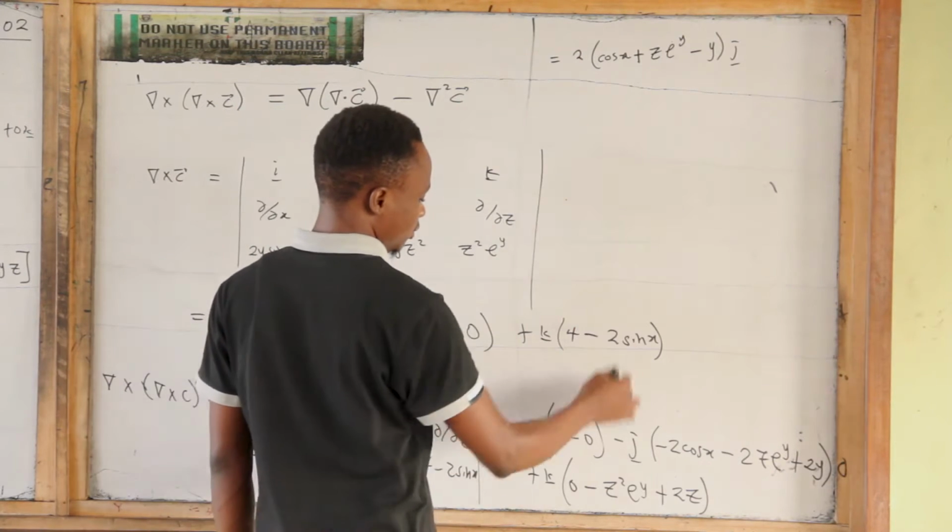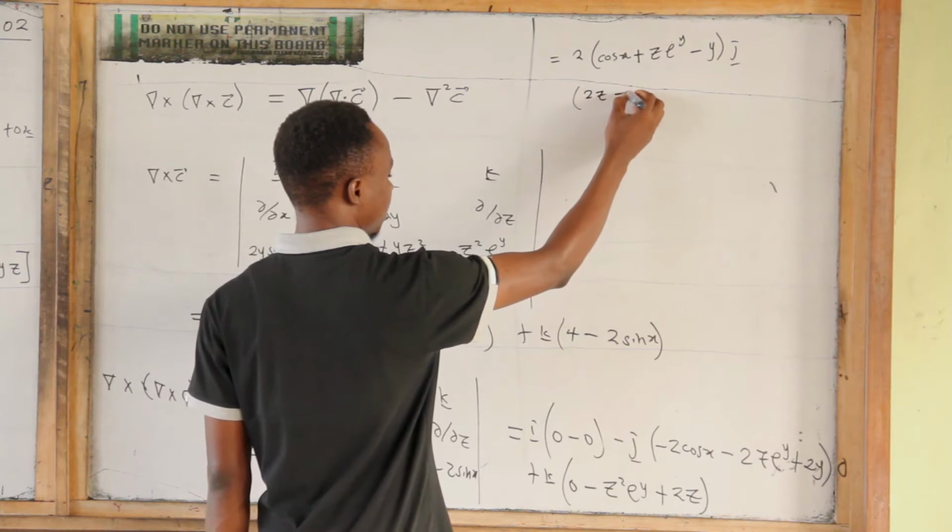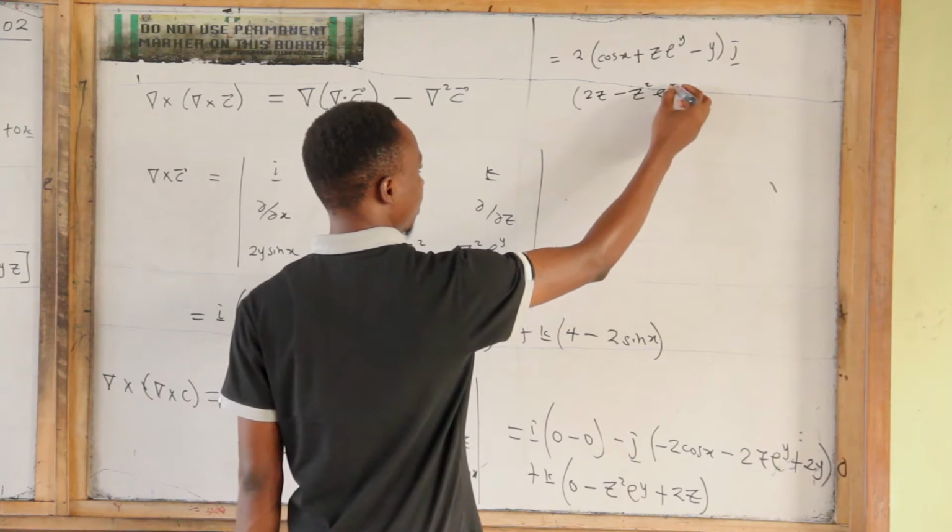Then the last one, we're going to add this to the plus 2z minus z squared e to power y.